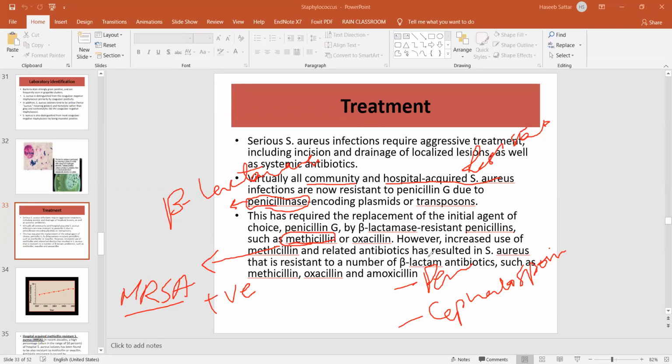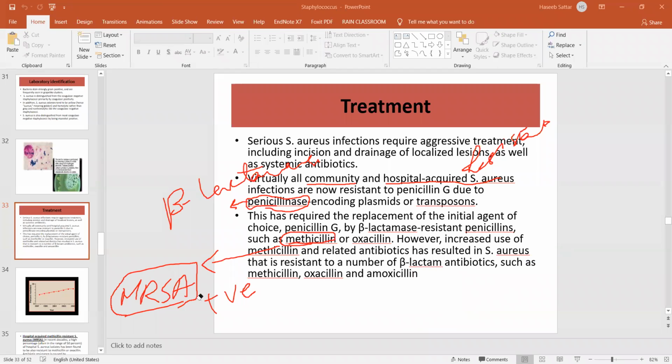When they degrade this ring, the antibiotic will be of no use. So the bacteria which has acquired this beta lactamase enzyme will be resistant against methicillin, especially penicillin, and those bacteria will be known as MRSA, methicillin resistant Staphylococcus aureus.